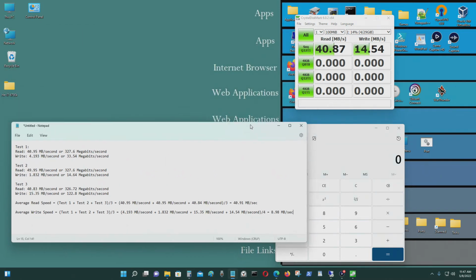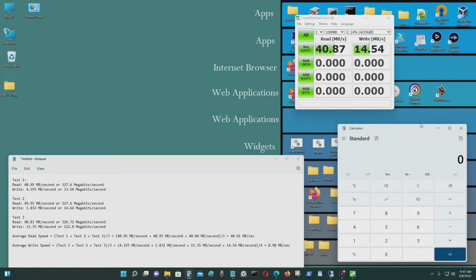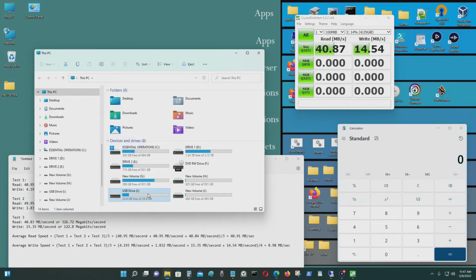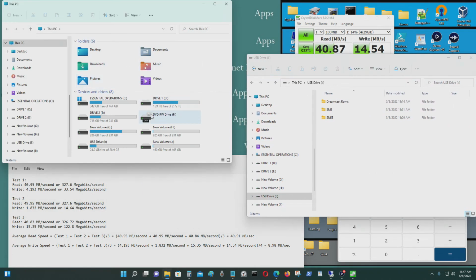So now what I'm going to do is run a test where I transfer a file to the USB drive. See how long it takes.